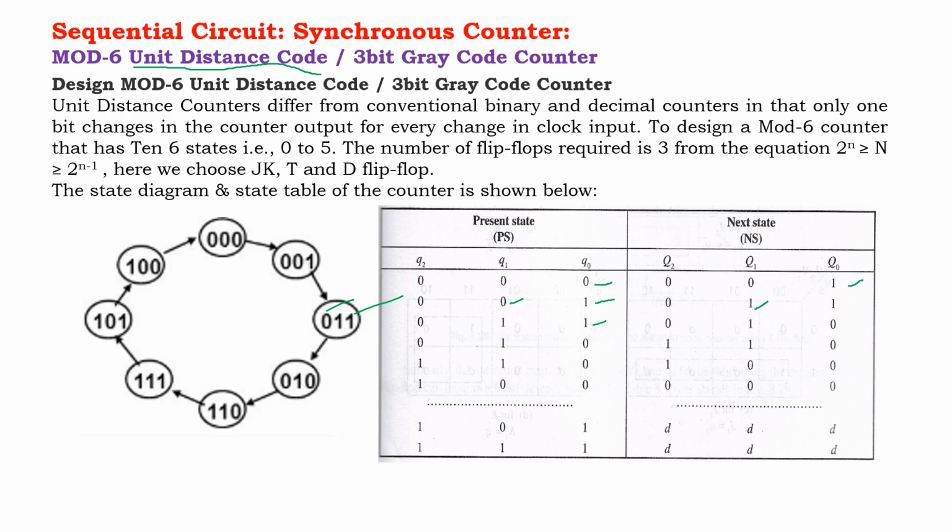Then we will consider 2, 0 1 0 here. Clear? I repeat again. The total number of states should be 6 in between 0 to 7, as well as considering the 1 bit position change. For this reason this is called unit distance code or the Gray code, because we know that in the Gray code only 1 bit position will be changed.